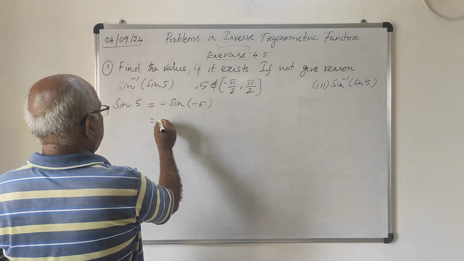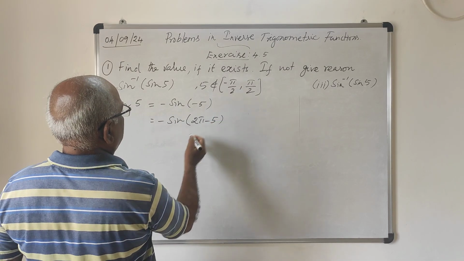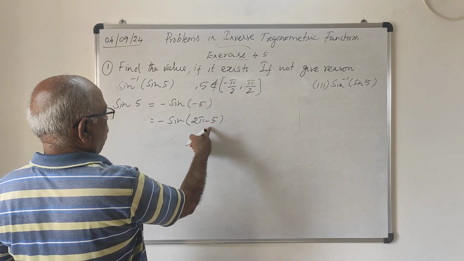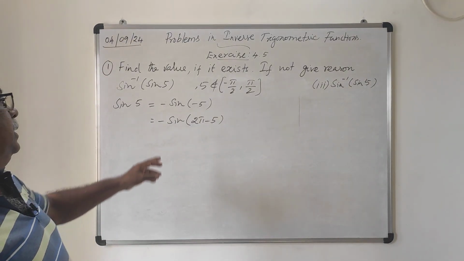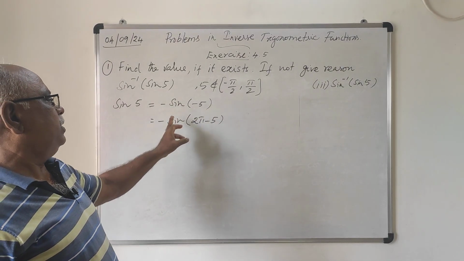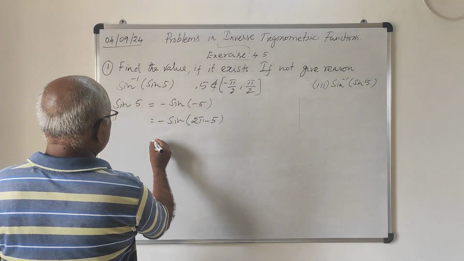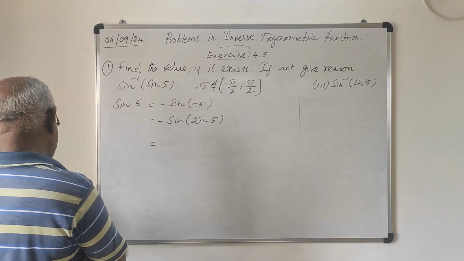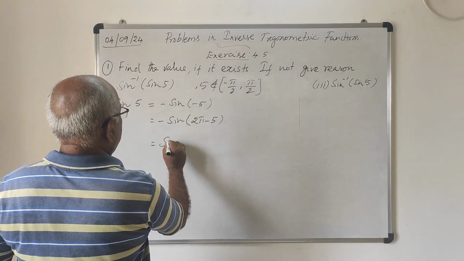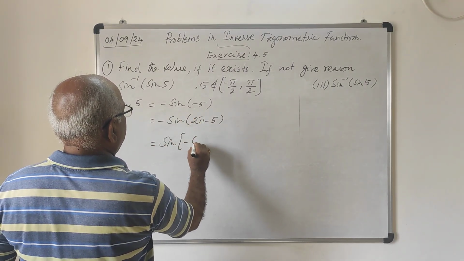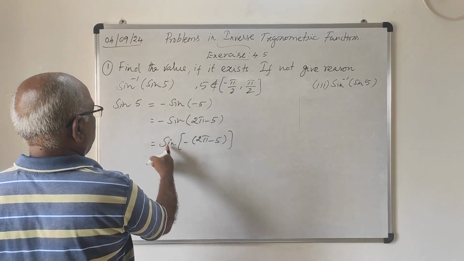Okay. This is minus sin of 2 pi minus 5. 360 minus theta, fourth quadrant, sin negative. So minus sin 5. This is minus of sin of minus 5, is minus sin of 2 pi minus 5. Okay. Again this is, I am introducing this minus within sin, that is sin of minus of 2 pi minus 5.